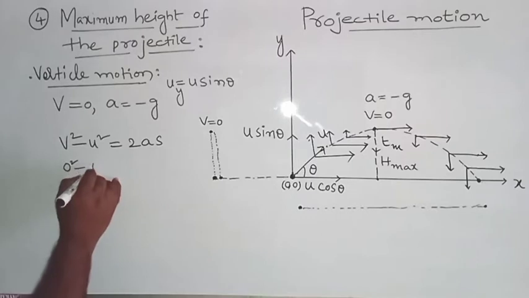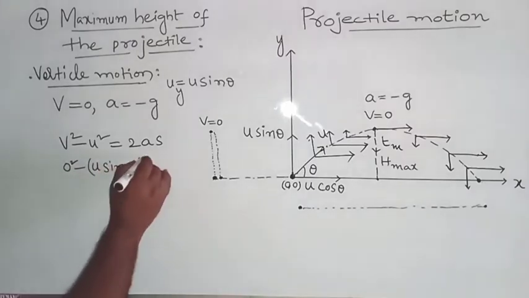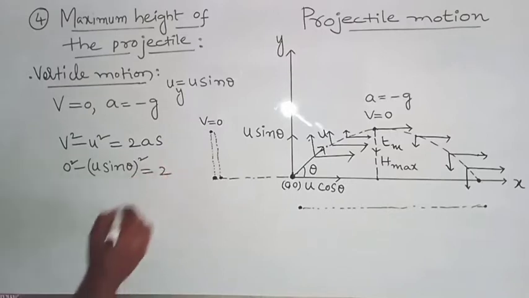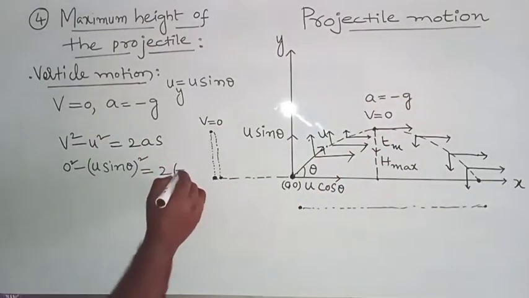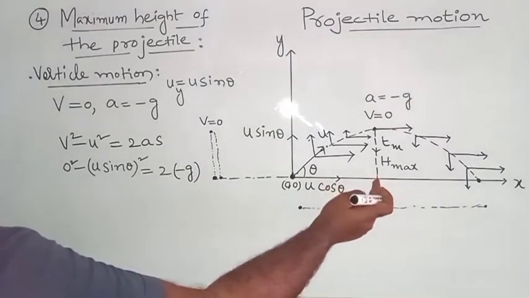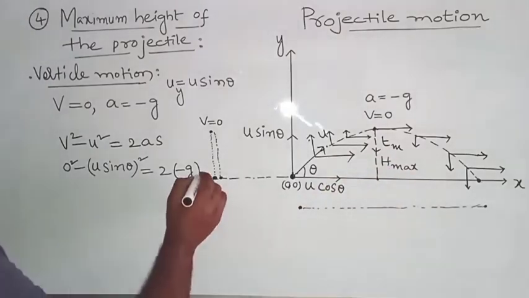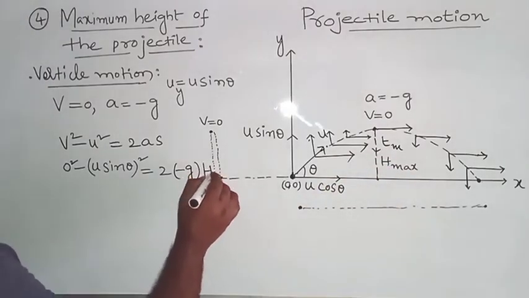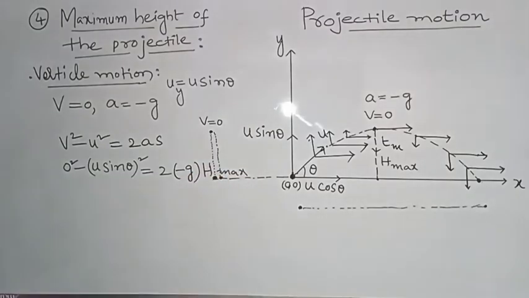You can substitute u sin theta whole square, which is equal to 2 into a, and a is minus g. And in the vertical direction, how much is displaced? H maximum.